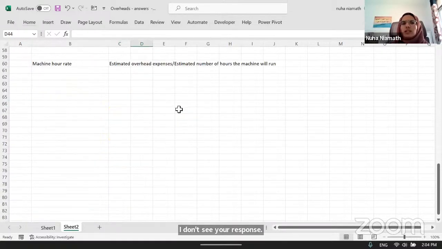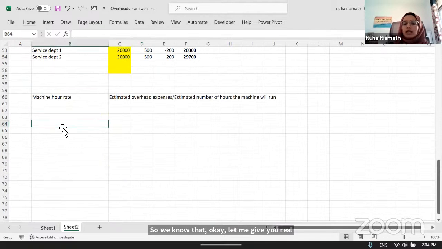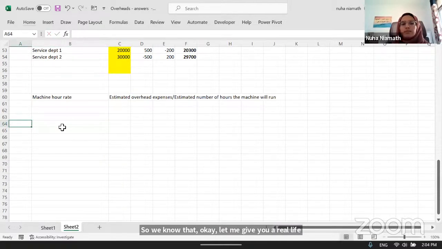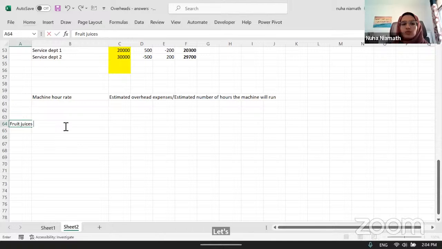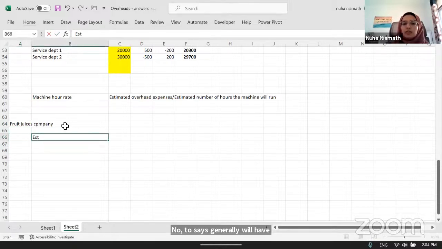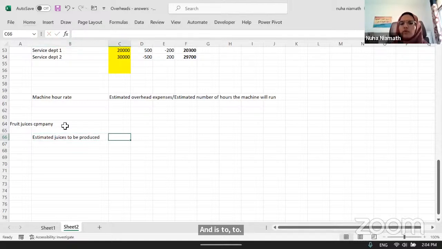Okay, let me give you a real life example. Let's take a different type of company. Let's say we're producing fruit juices. Okay, this is a fruit juices company. Now, fruit juices generally will have an estimated quantity to be produced. Let's say we are planning to produce 500 units for the month.